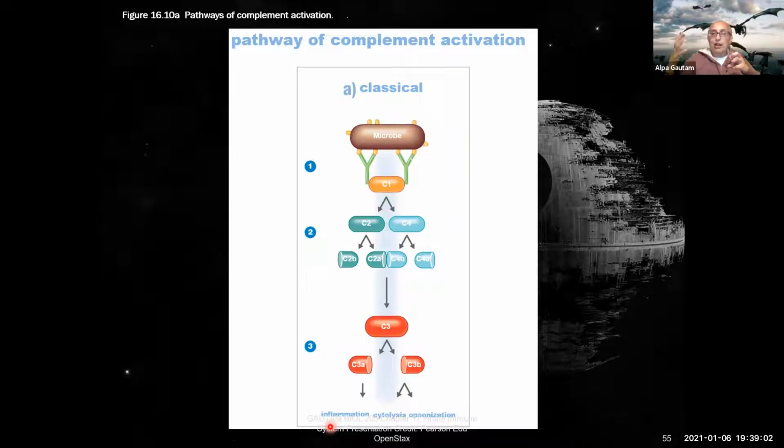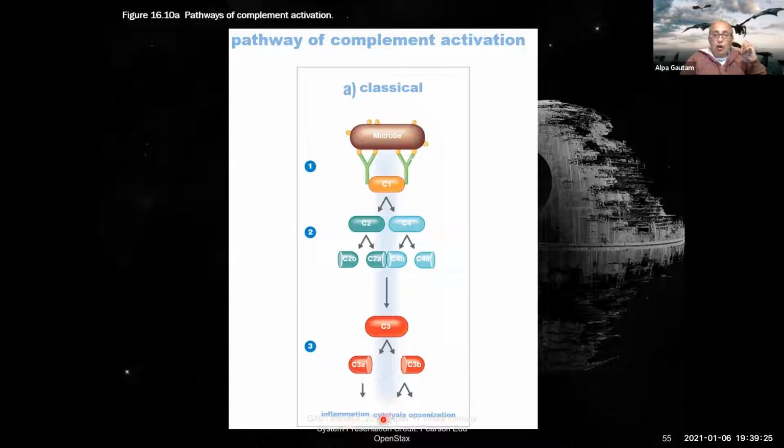Those white blood cells now will be attracted to that microbe because it has a coating of these C3b molecules around it. That's what's called opsonization. Opsonization is when you tag a microbe or you tag something with these molecules so that the white blood cell coming along can detect it and endocytose it.